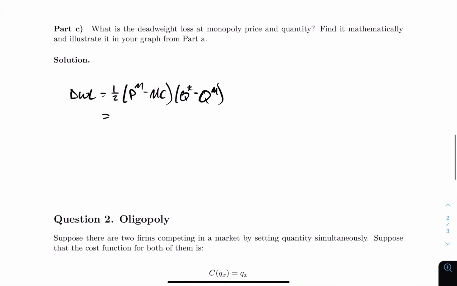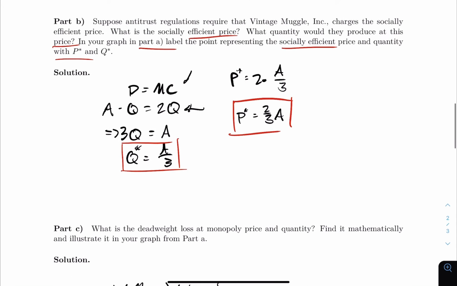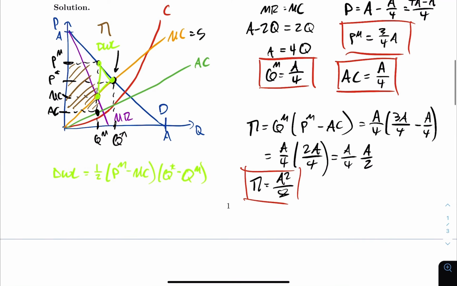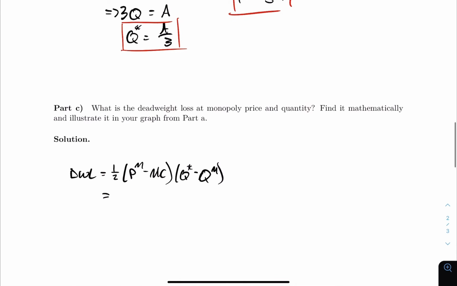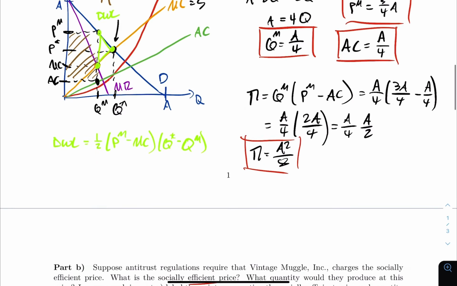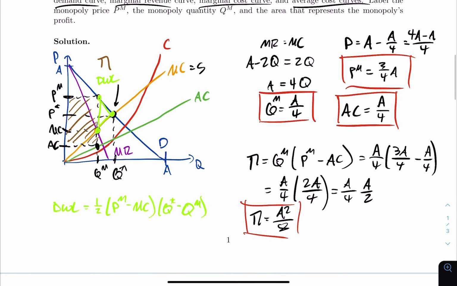So that's what we're doing here: height times base divided by 2. So our price for the monopoly is 3/4a. 1/2 times 3/4a minus marginal cost, which we need to calculate.